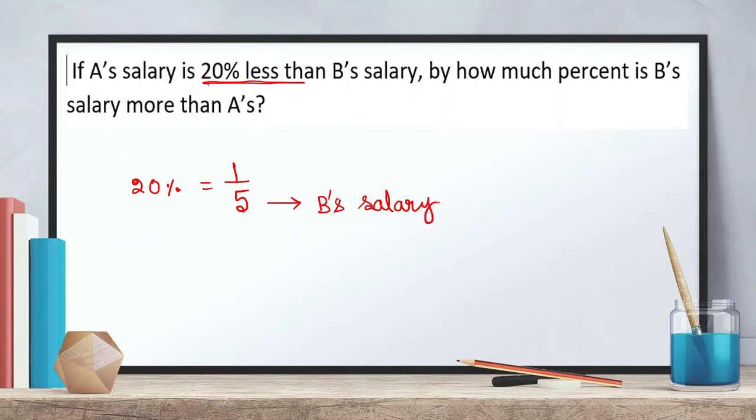And what is A's salary here? A's salary is less than B's salary, that means 5 minus 1. So 5 minus 1, that will be A's salary.